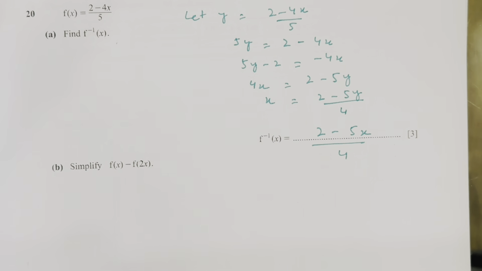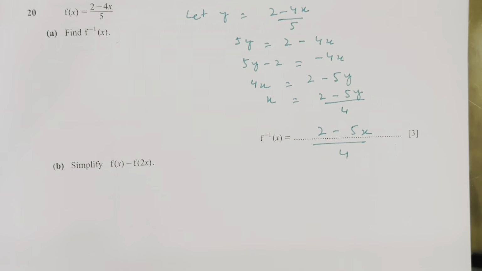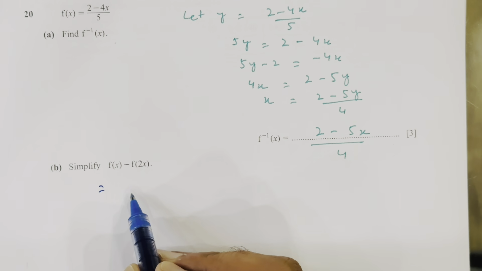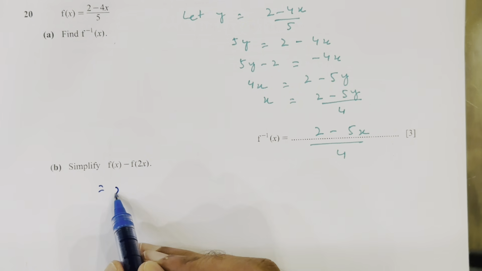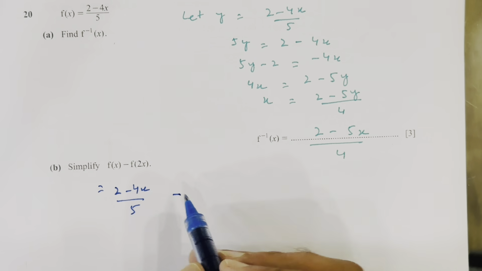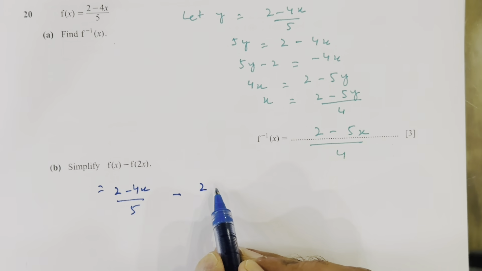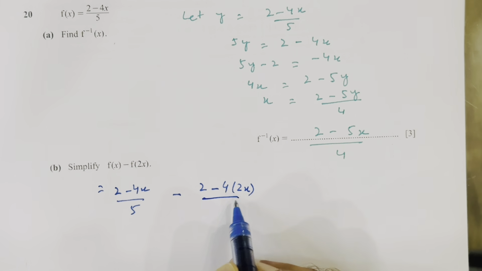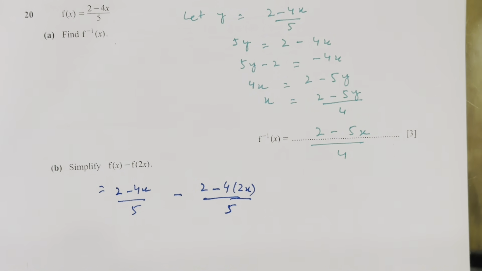Now next part is simplify f of x minus f of 2x. Okay. f of x has a value that is 2 minus 4x over 5, then 2 minus 4 into 2x over 5. Now this is a simple question of algebra.